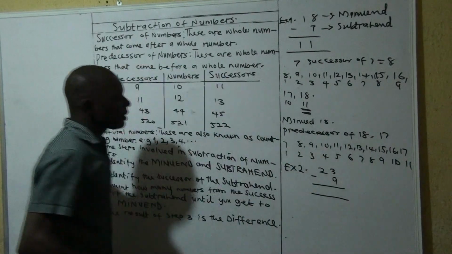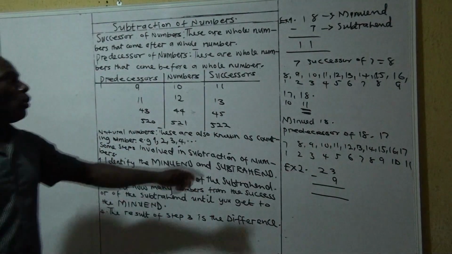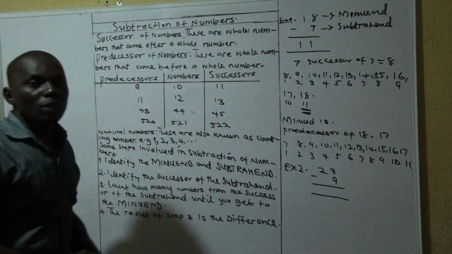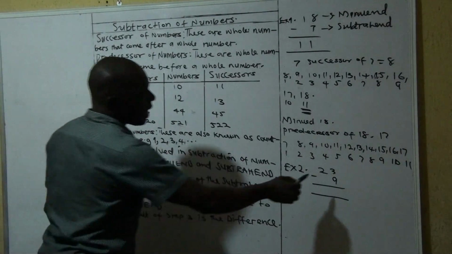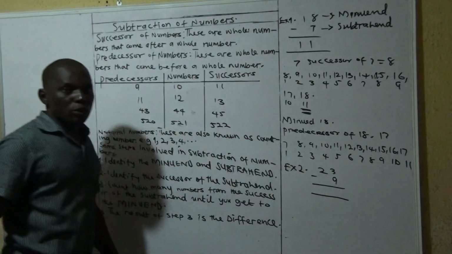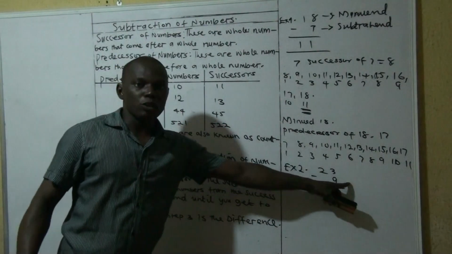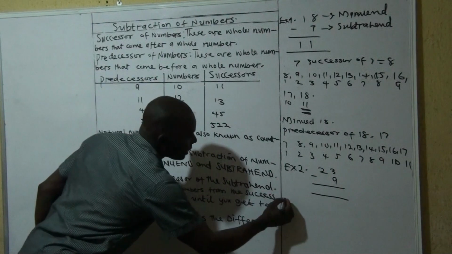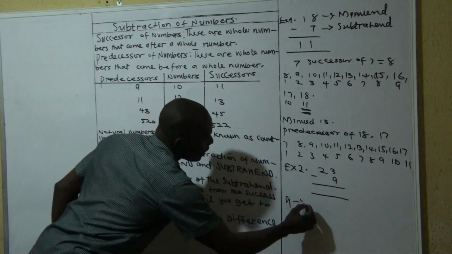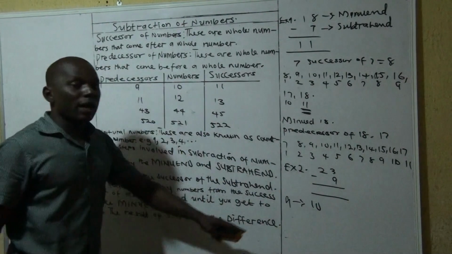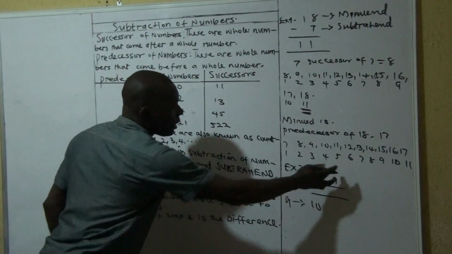So let's look at this. We're going to start with the successor. First thing they ask us to do is to identify our subtractand. Then we'll look for the successor of the subtractand. So our subtractand is 9 and the successor here is 10. So we're going to count from 10 till we get to the minus.